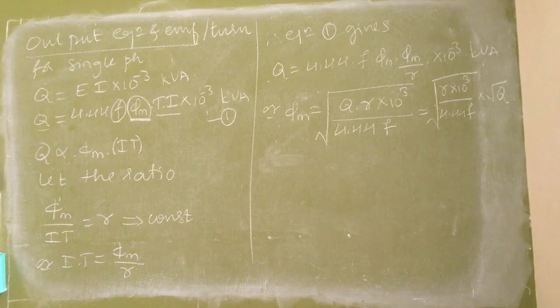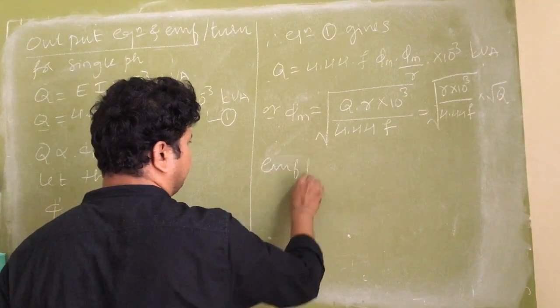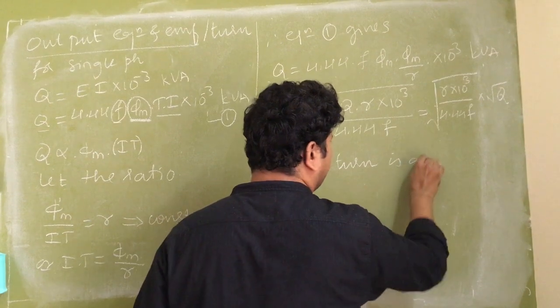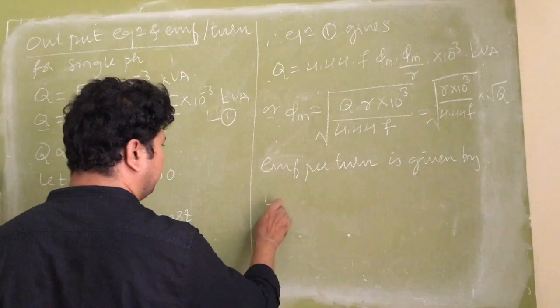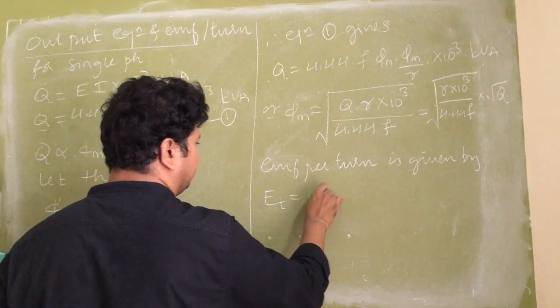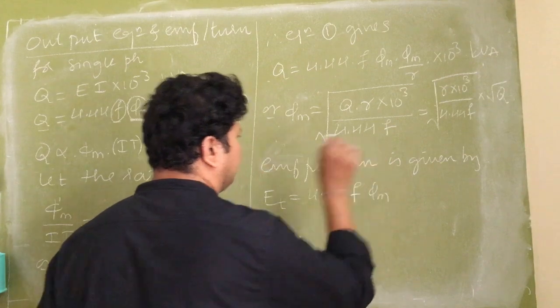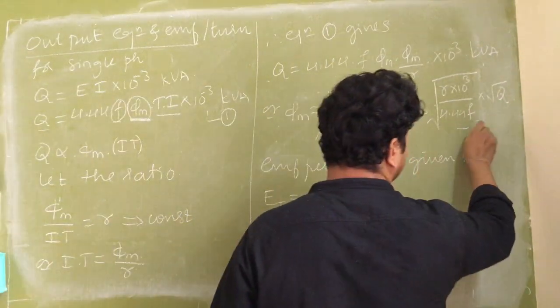So the equation of EMF per turn is given by ET is equal to 4.44 F phi m. Phi into T we will not get because it is EMF per turn. So take this as equation 2.